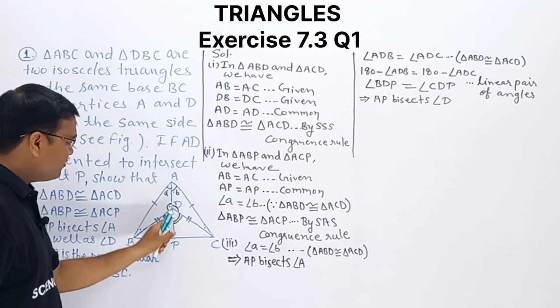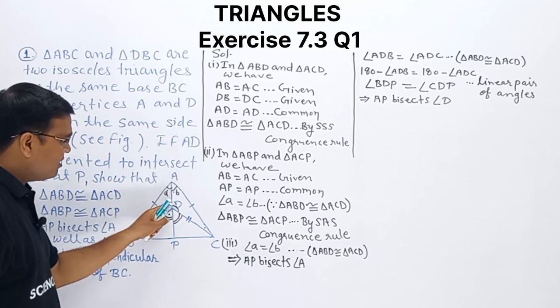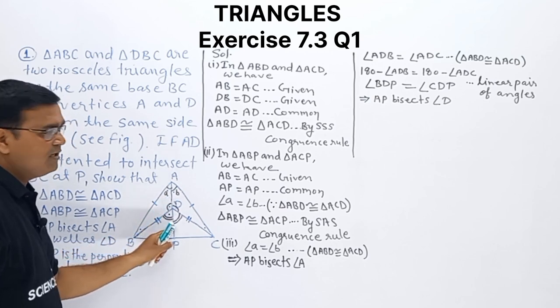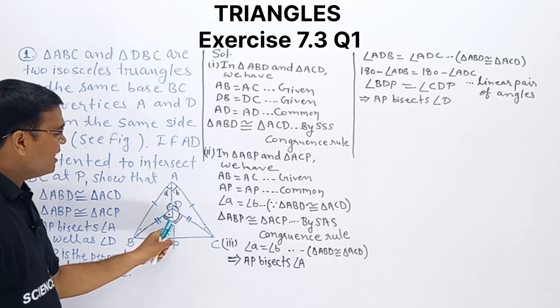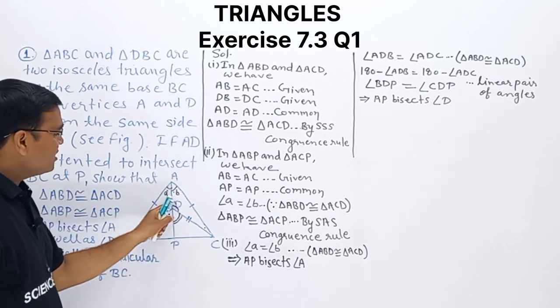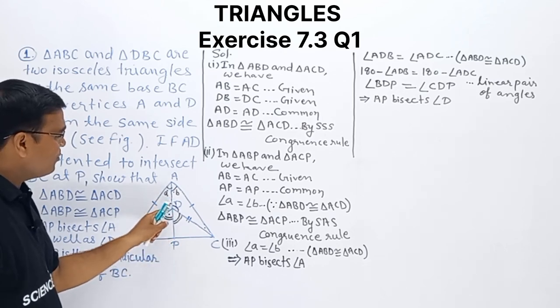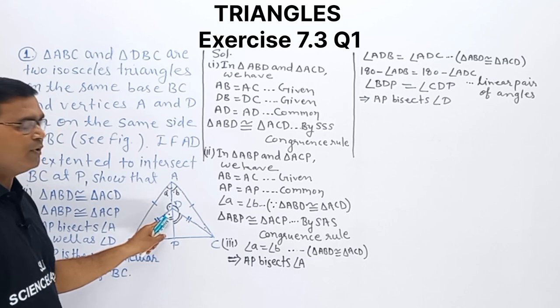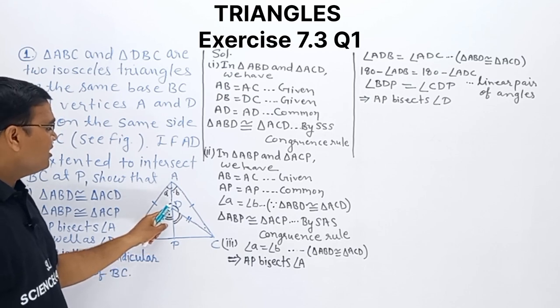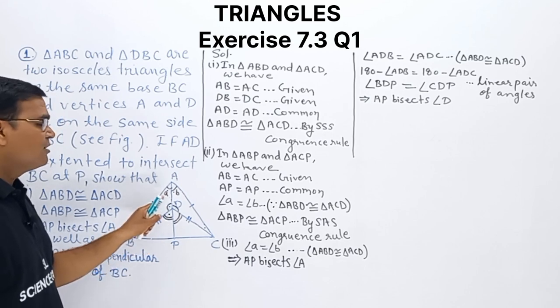Okay, but this is one straight line, and a straight line has 180 degrees. At the point on the straight line we are getting 180 degrees. So the sum of these angles will be 180. So this angle can be written as 180 minus this one.